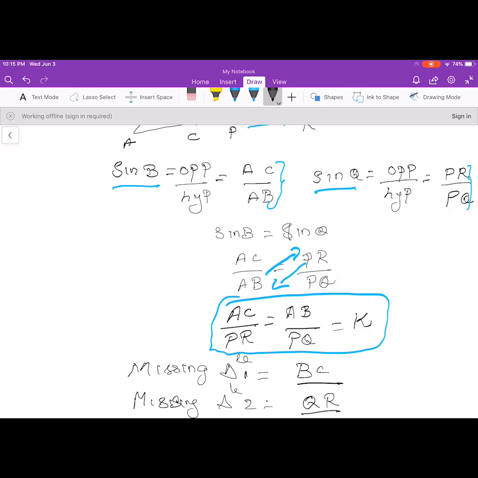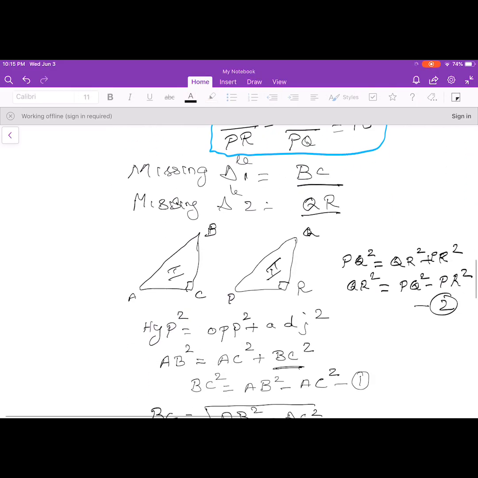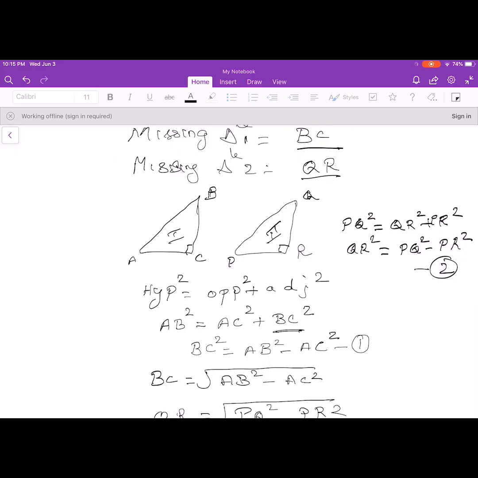So AB is there, AC is there, the missing side of the triangle is BC. Similarly, in the other triangle, the missing side is QR. So we have to find out BC by QR. For that, I am using the Pythagoras theorem for these two triangles. For triangle 1, hypotenuse square is opposite square plus adjacent square.